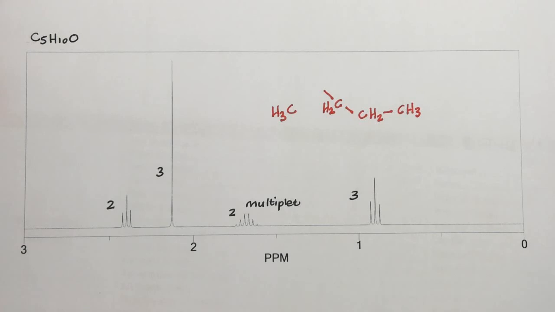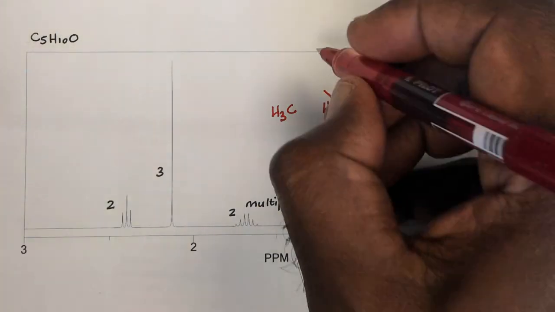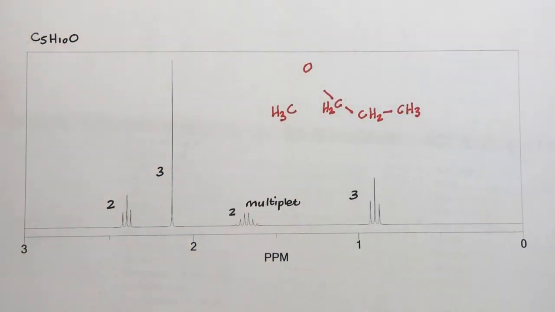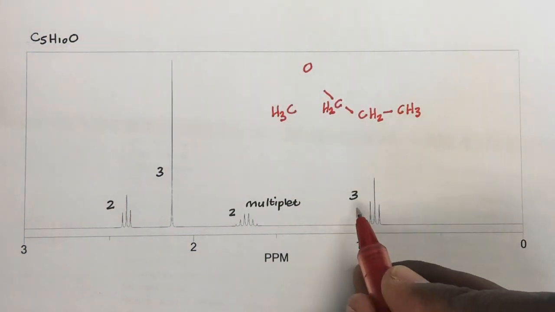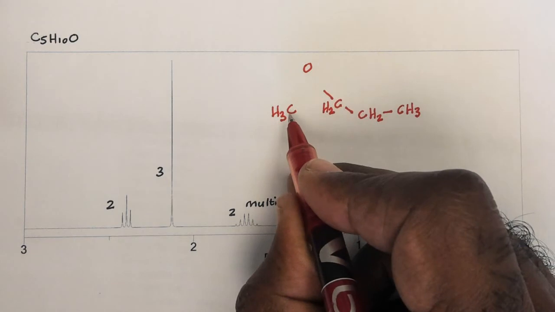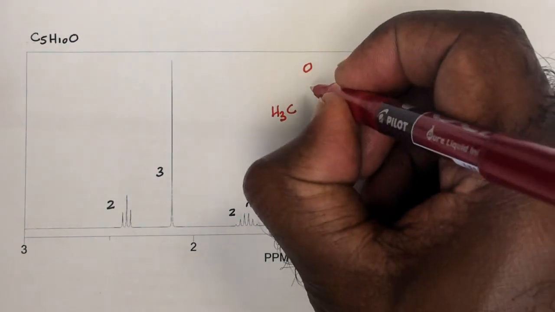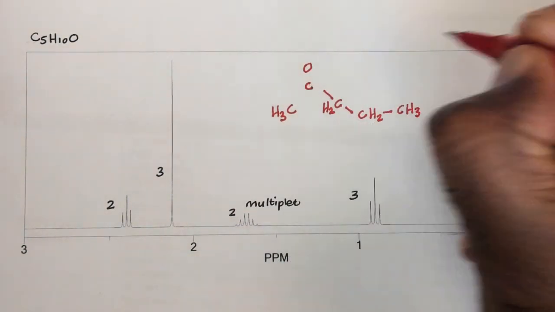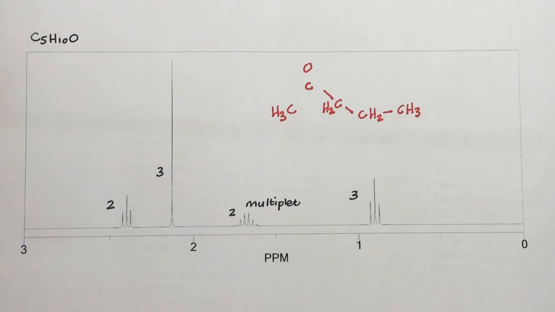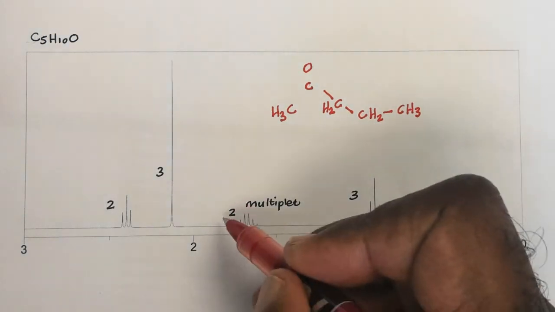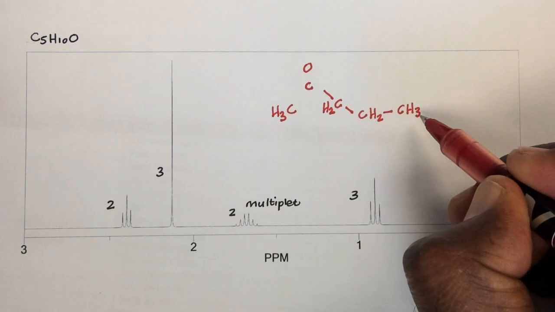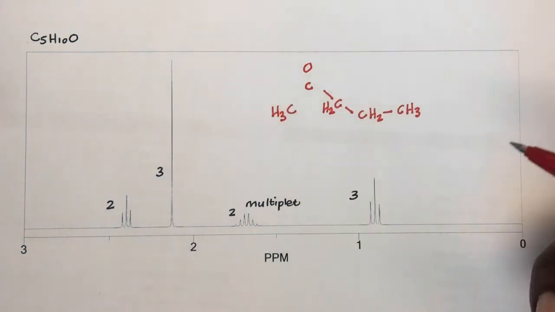I count up my carbons, hydrogens, and oxygens. I don't have any oxygen in my structure, so I need an oxygen. I have 1, 2, 3, 4 carbons, but my molecular formula tells me I should have 5. I have 10 hydrogens.